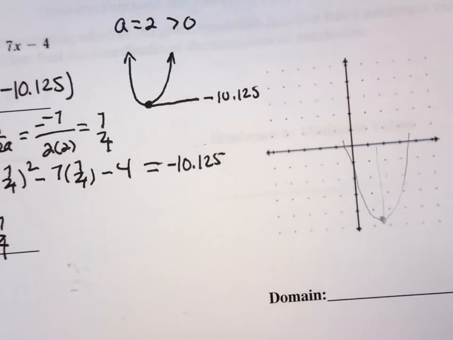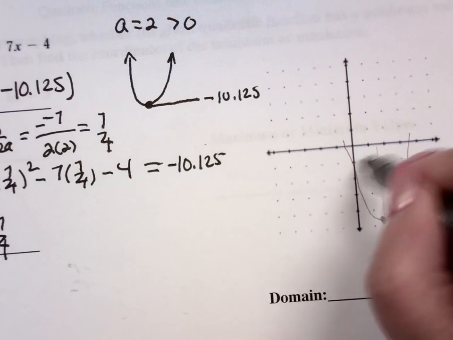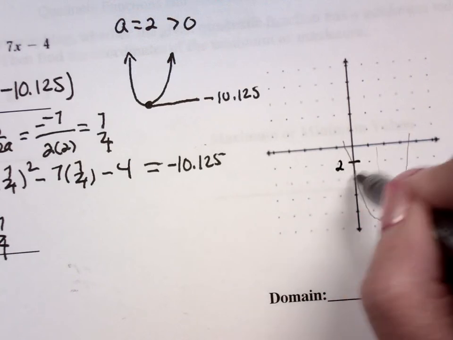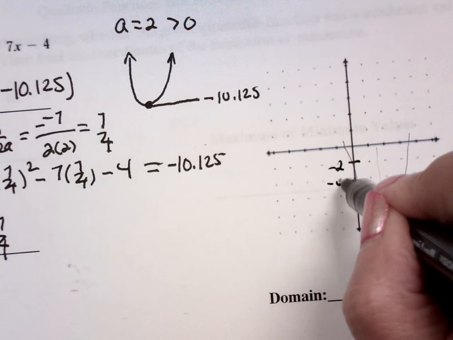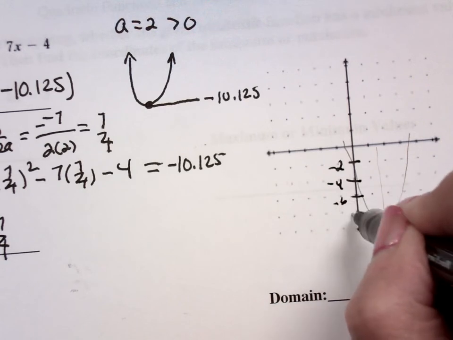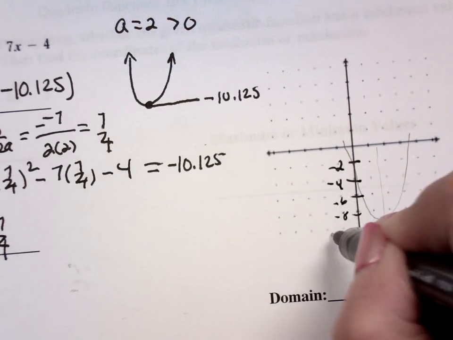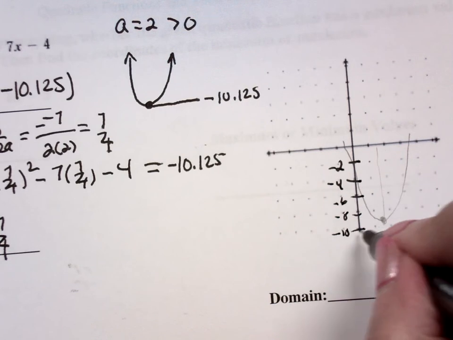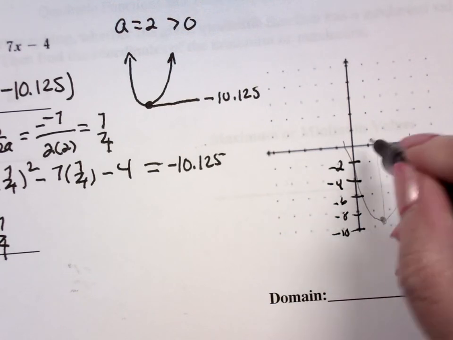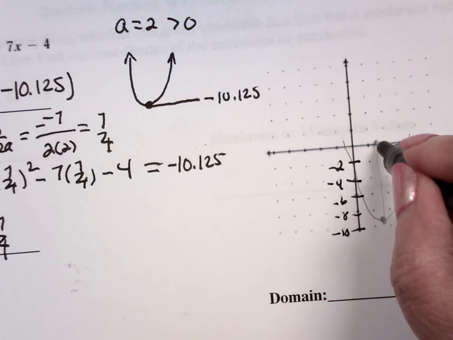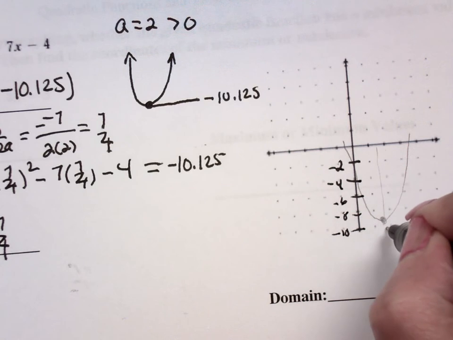So I've got to go down to 10. 2, 4, 6, 8, 10. I can do 2s. Negative 2, negative 4, negative 6, negative 8, negative 10. And negative 10 and an eighth. A smidgen. So it's going to be 1 3/4 and a smidgen.